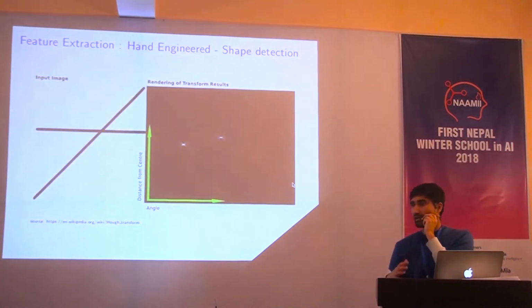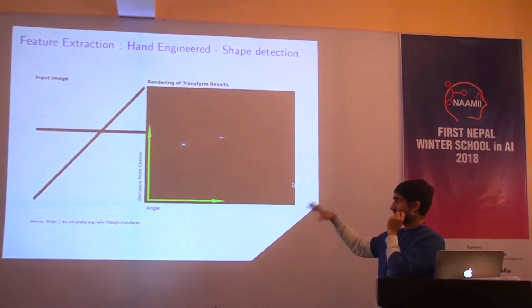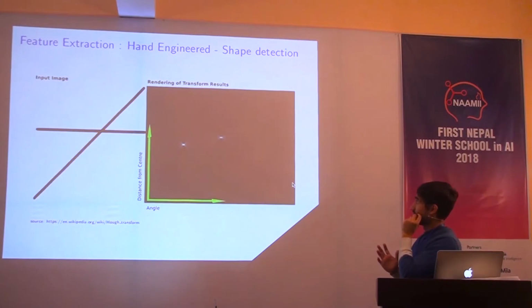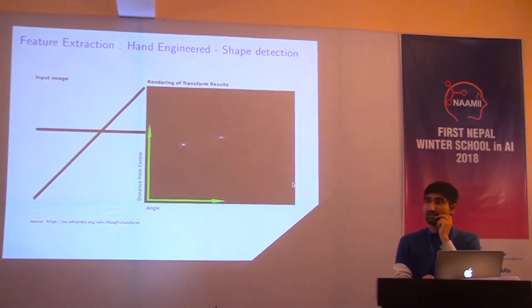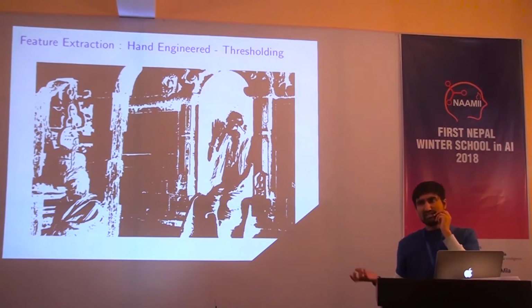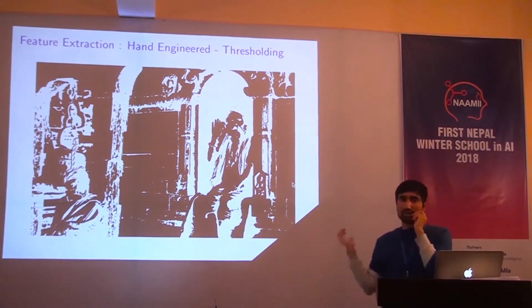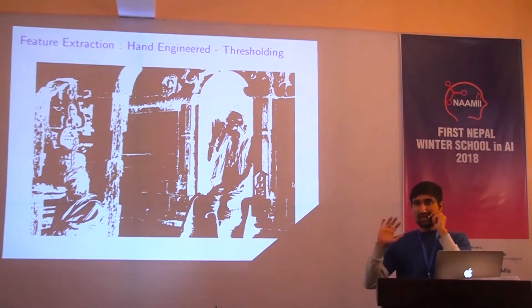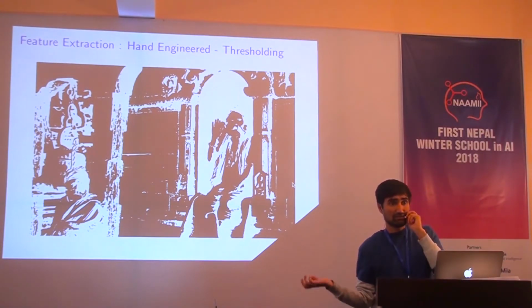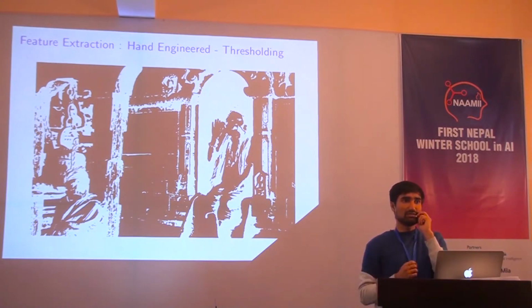Similarly, another thing we can do is the Hough transform, a quite well-known transform where you can detect lines on images. You can detect planes in 3D images. And there's the very simple thing of thresholding. You have intensity values, and if the value is greater than, let's say, 50, I make it 1.